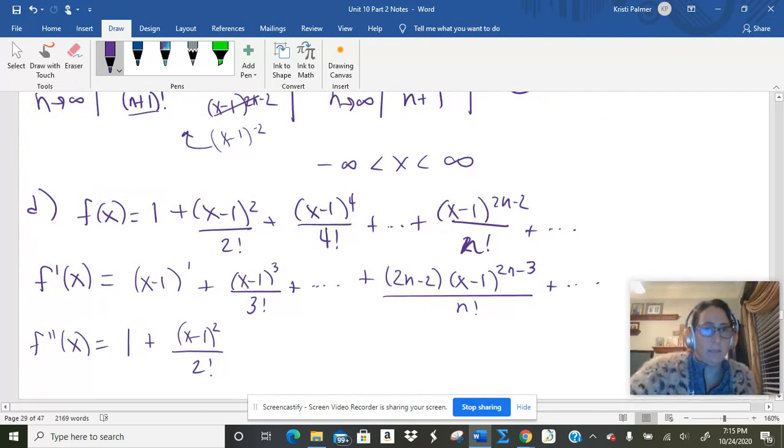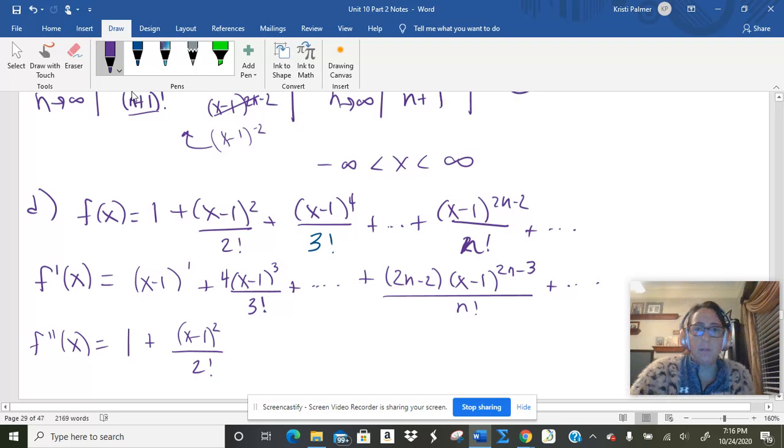Oh, I'm so glad I did that too. This one wasn't a 4 factorial to start with. That was a 3 factorial. So this would still be 4 and 3 factorial there.